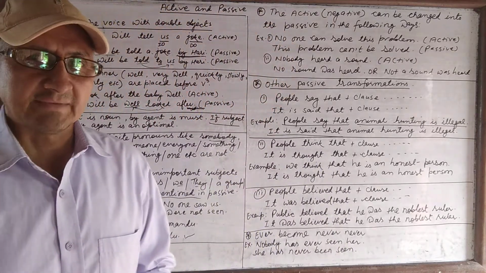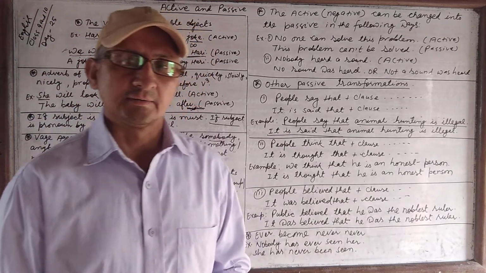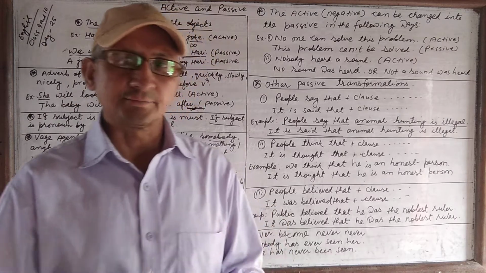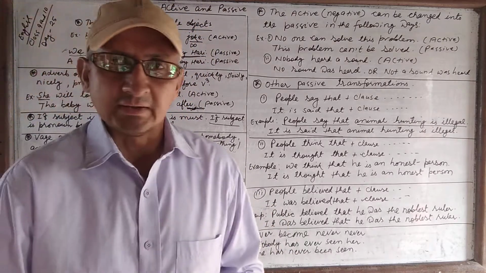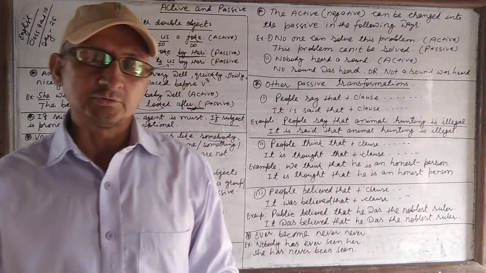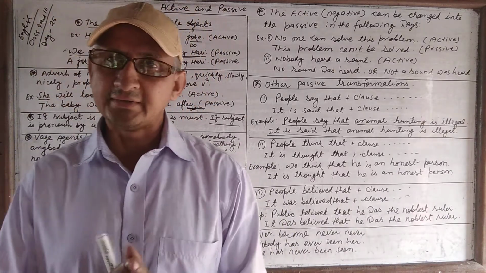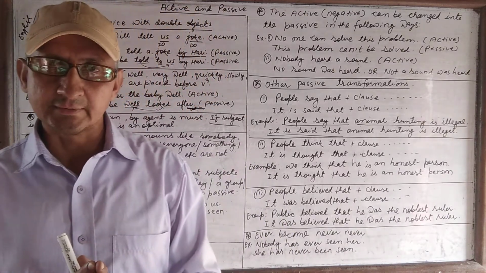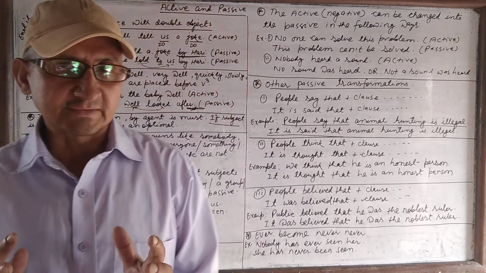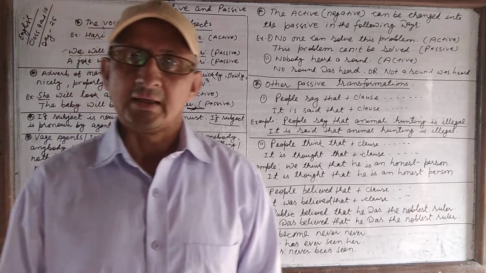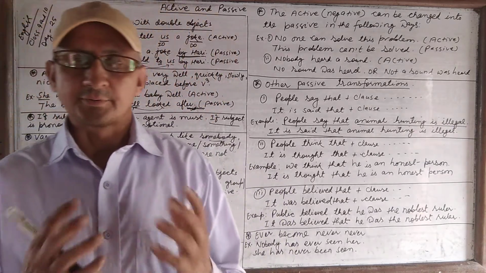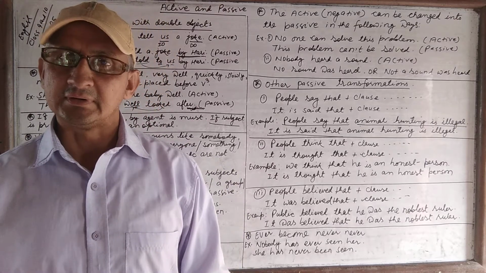Read all the basic rules right from the beginning of this topic, try to understand and remember the basic rules, and practice as many exercises, as many questions as you can from your practice book, or from your text.